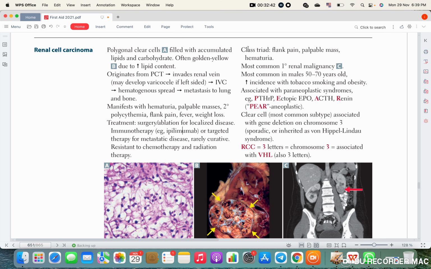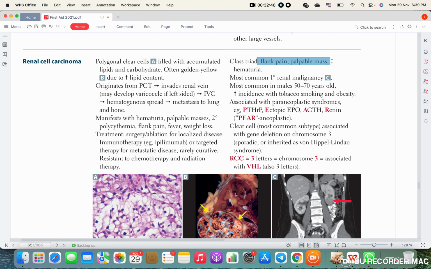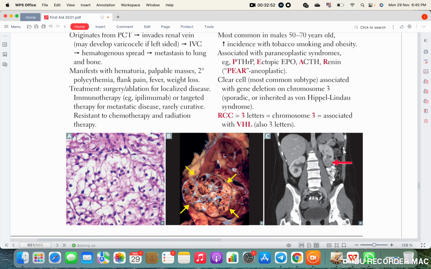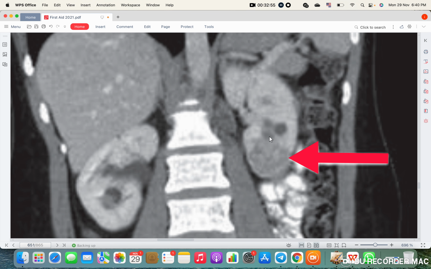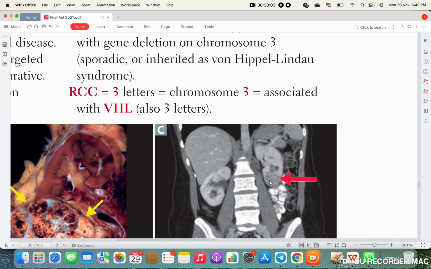Okay, so let's speak about the classic triad. They have flank pain, palpable mass, and hematuria. Most common primary renal malignancy. Let's take a look at it. You can see it like this on a CT scan. Basically, it's irregular, it's wide, but they will not ask you to diagnose something like this just from a CT scan.